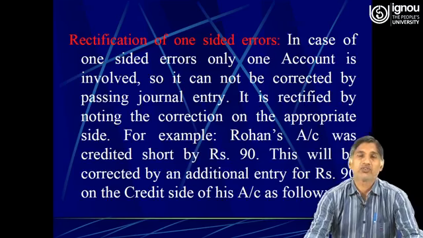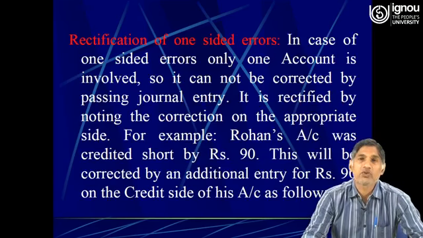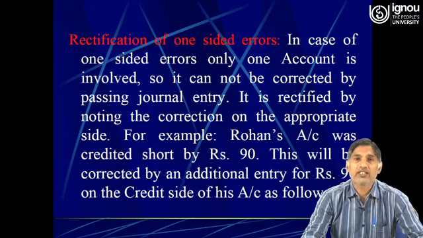Rectification of one-sided errors. In case of one-sided errors, as we all know, only one account is involved, so it cannot be corrected by passing a journal entry. It is rectified by noting the correction on the appropriate side.